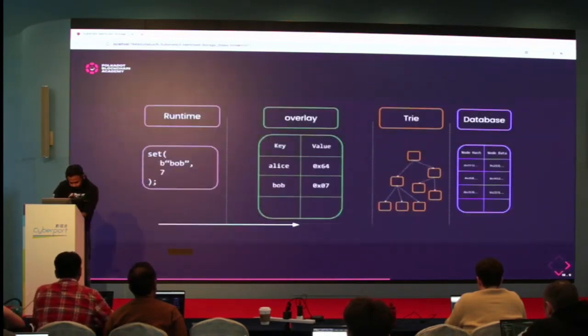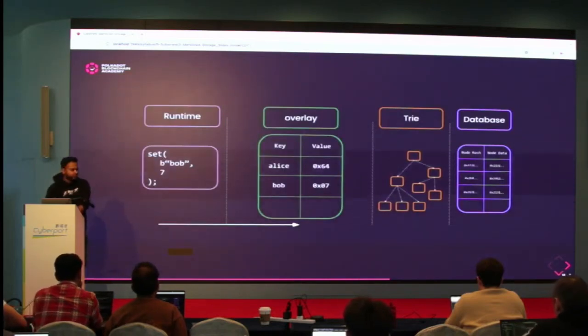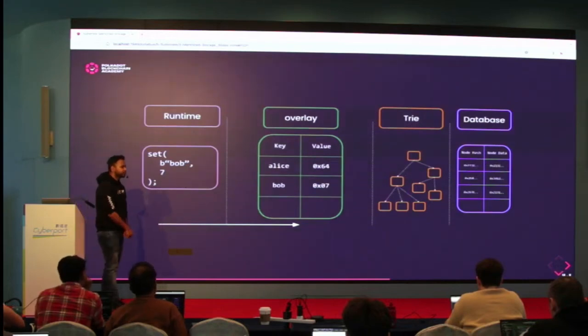Yes, this one. So when you write something, it's written in the overlay. It's not flushed to the database until we finalize the block. So first time you write 42, next time you overwrite it, it's again only updated in the overlay.